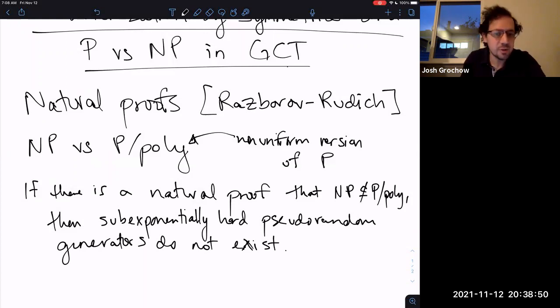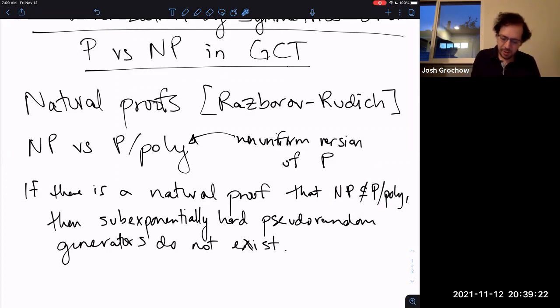If you don't know what a pseudo-random generator is, that's okay. The one thing I'll say is, for example, most pseudorandom generators based on factoring, based on our current state of knowledge, are at least this hard. So in particular, if there's a natural proof that NP is different from P poly, then all pseudorandom generators based on what we currently believe is the hardness of factoring integers can be broken.